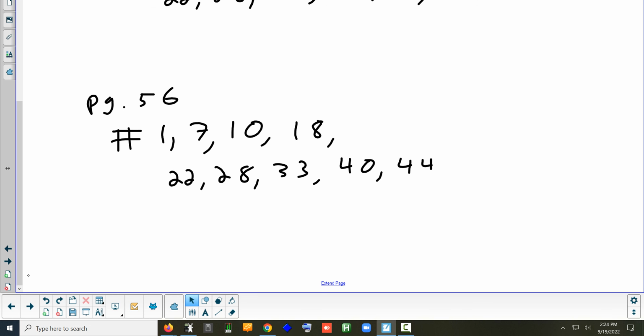I'm going to change one. Let's do 19 instead of 40. And that's good. Okay, so that's the homework. So 1, 7, 10, 18, 19, and 22, 28, 33, and 44. So nine questions. Okay, we'll take a look at that first thing tomorrow, and then we will start chapter 2.